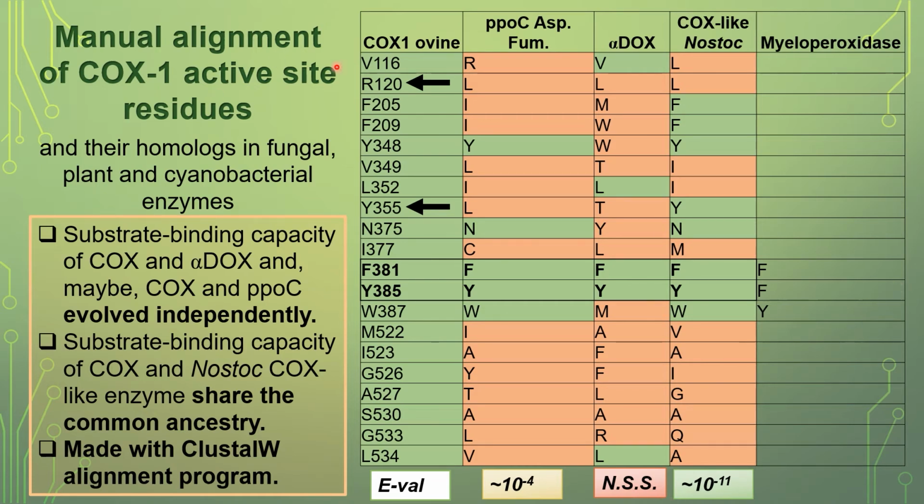This alignment confirms our assumption that alpha-dioxygenases and PSI-producing oxygenases of fungi acquired their substrate binding ability independently from our cyclooxygenases and from cyclooxygenase-like enzymes in cyanobacteria.